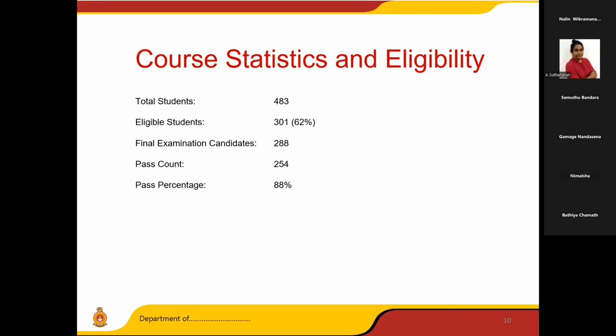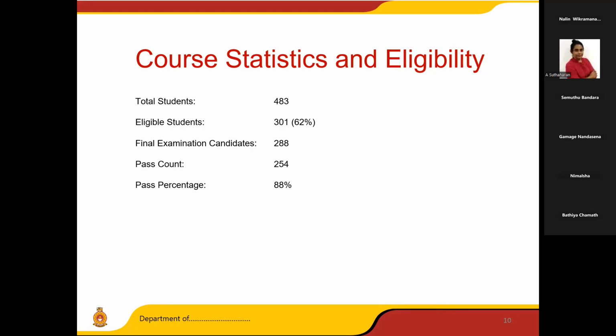So this is the course statistics and eligibility of last year. Total students registered 483 and eligible students 301. Final examination candidates 288 and pass count is 254. So the pass percentage is 88.